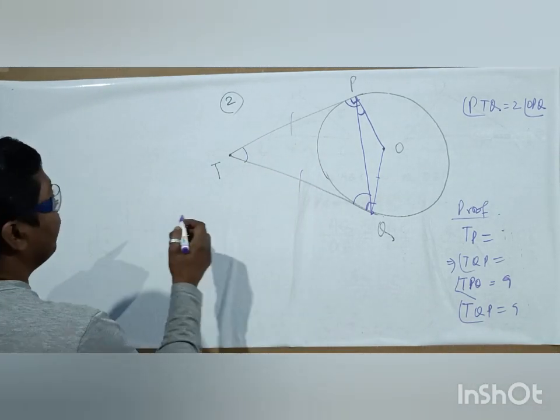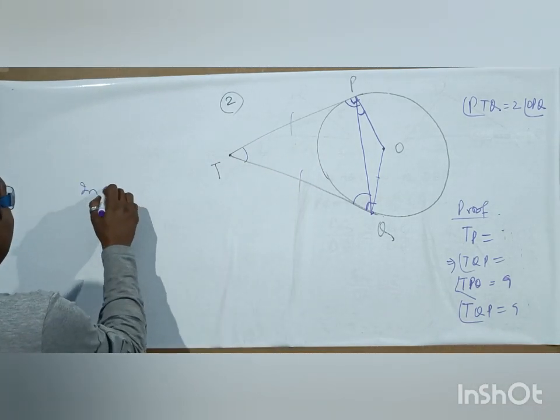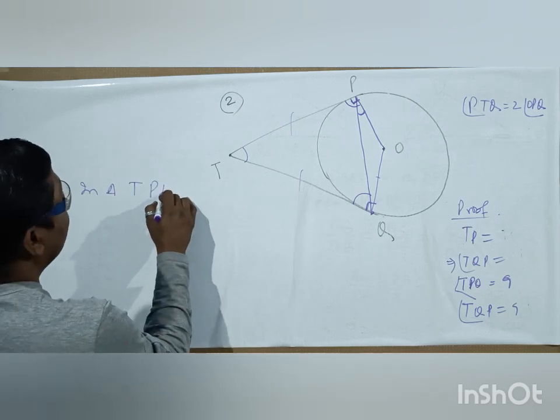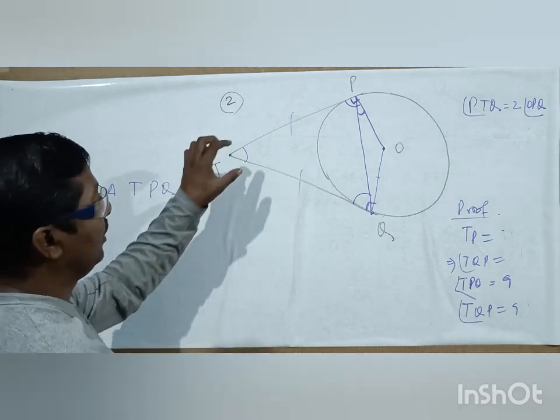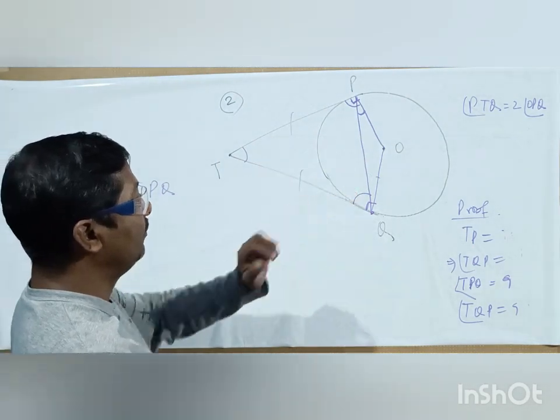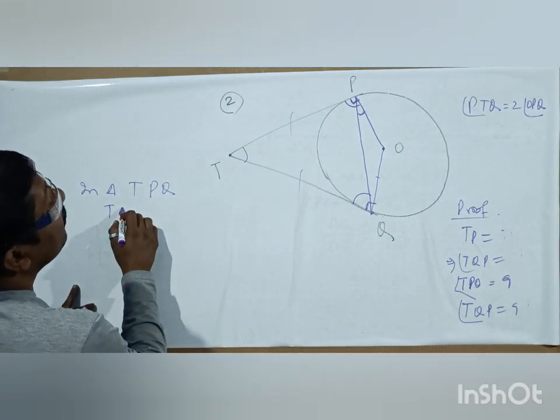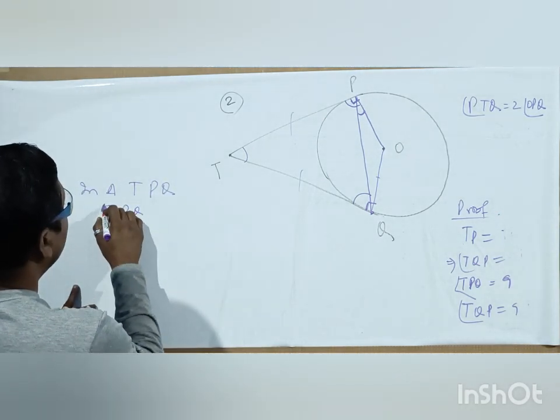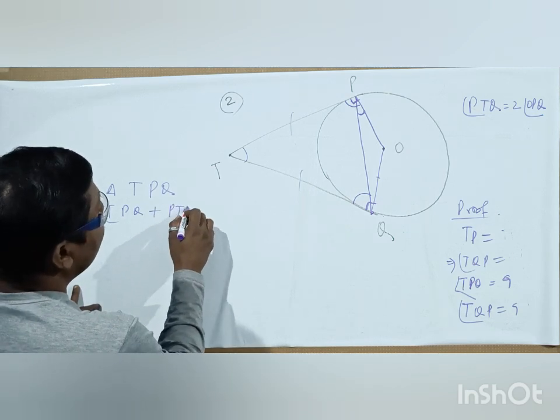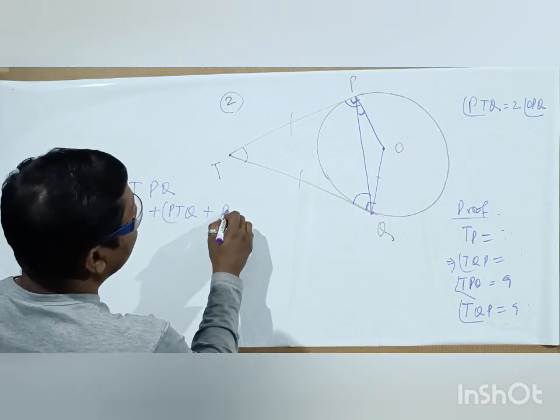You know that in triangle TPQ, the sum of the three angles is 180 degrees. So TPQ plus PTQ plus PQT is 180 degrees.